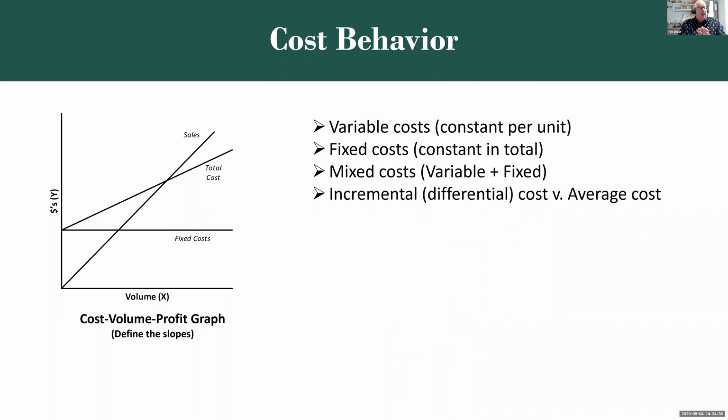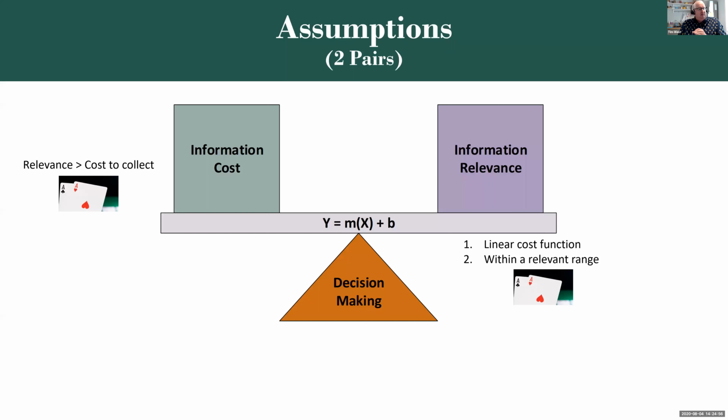Finally, a couple of last things. You can also graph out the cost behavior. We'll obviously get into this more, but this is a graph you're going to learn to love and hate over the next several weeks. It shows you how the behavior works in terms of the structure. Don't forget, we've already talked about information cost and information relevance, and what you need to actually make a decision.